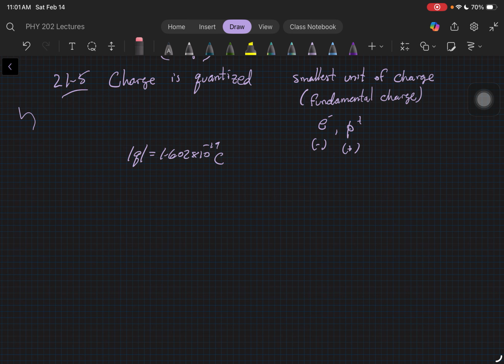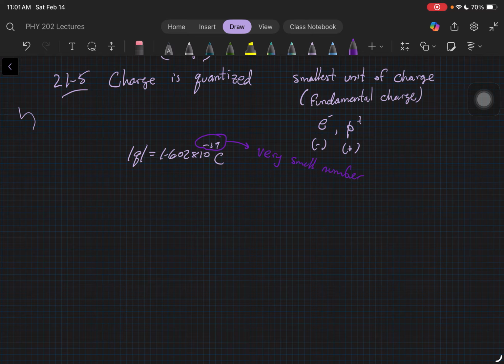And so if we have a 10 to the negative 19, that's a very small number. Right, kind of a strange number to have as your fundamental charge.